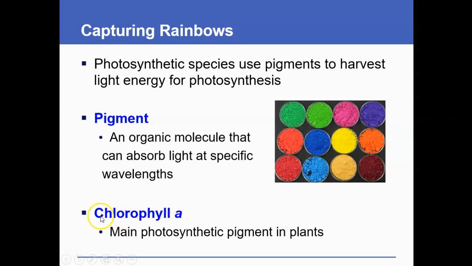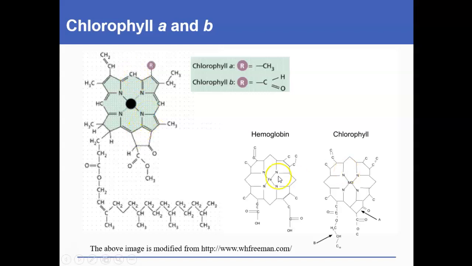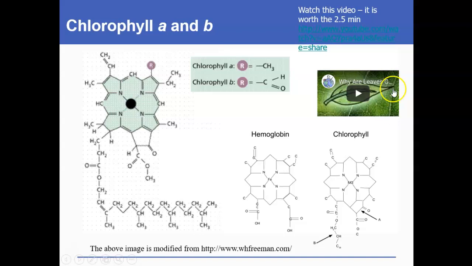In plants, we mostly see green, and that's because they're full of chlorophyll A. Chlorophyll A and chlorophyll B are remarkable molecules as far as evolutionarily and what the role they play in organisms. It's interesting to make parallels between hemoglobin, which carries oxygen in animals, and chlorophyll, which we're going to see in a moment, is going to have this special role with electrons in plants.